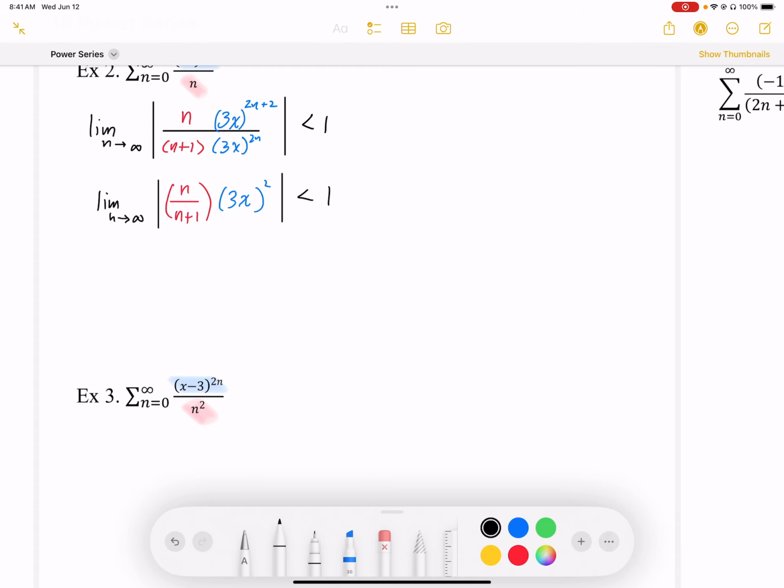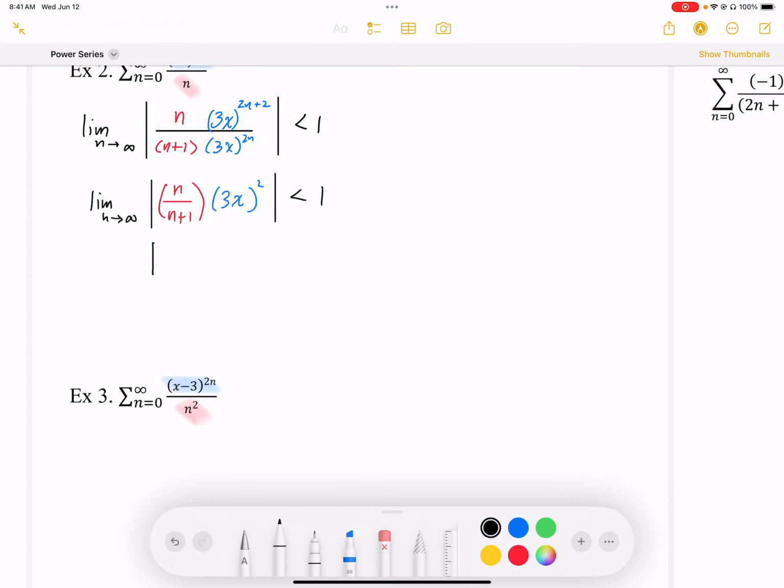So when I apply the limit, I end up with 1 times, and I'm going to write this as 9x squared and that's less than 1. So I end up with x squared less than 1 over 9.